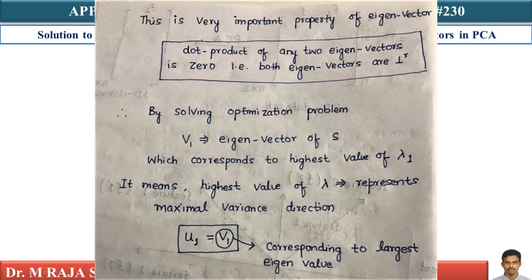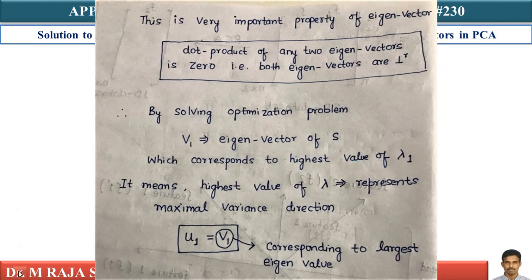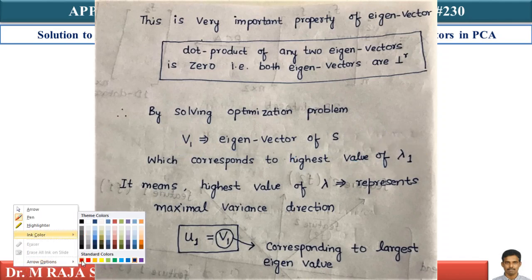By solving the optimization problem, you will get V1, an eigenvector of S corresponding to lambda 1, which is the highest eigenvalue. This point is very, very important. You must understand this.